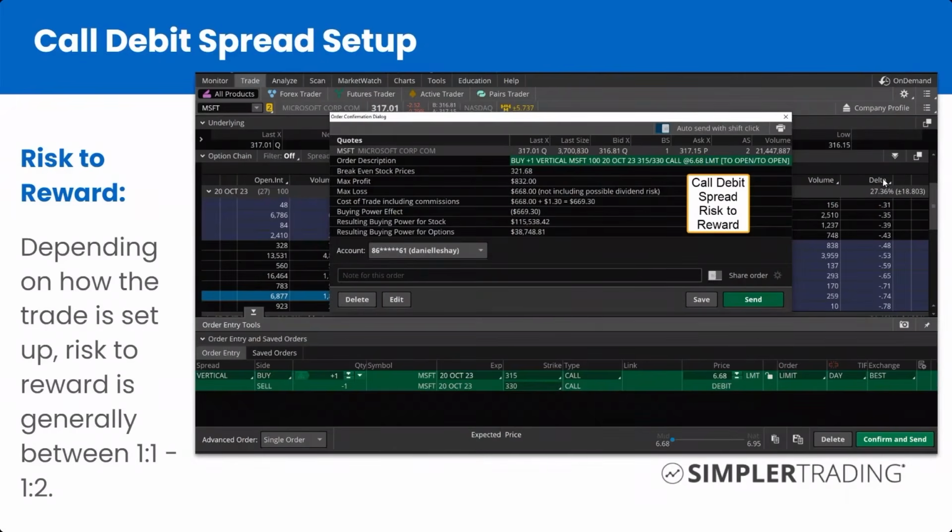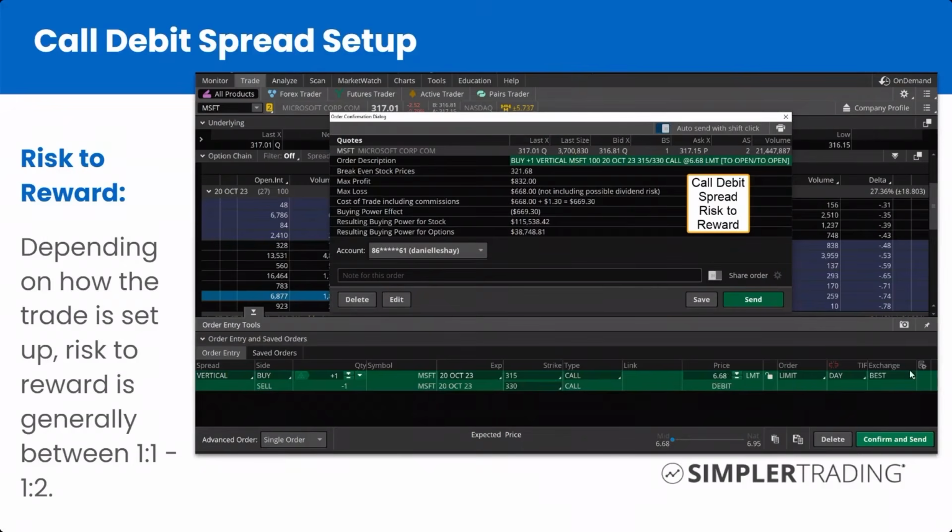You can see that Microsoft has an $18 expected move until the 20th of October. So it has $12 until it gets to 330. It is possible that it goes through 330, but I think it's pretty reasonably priced for this strategy.